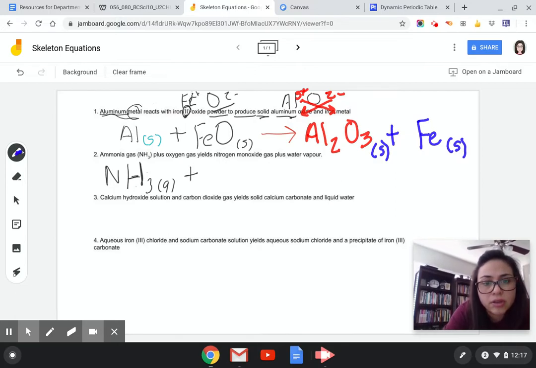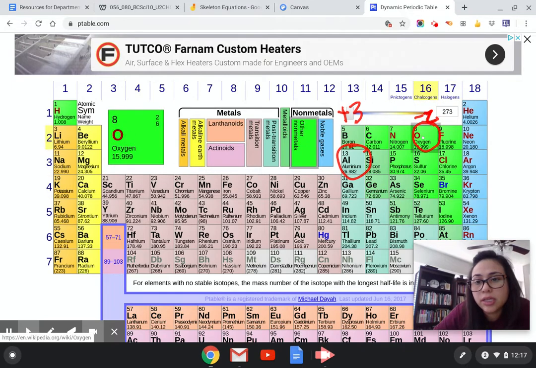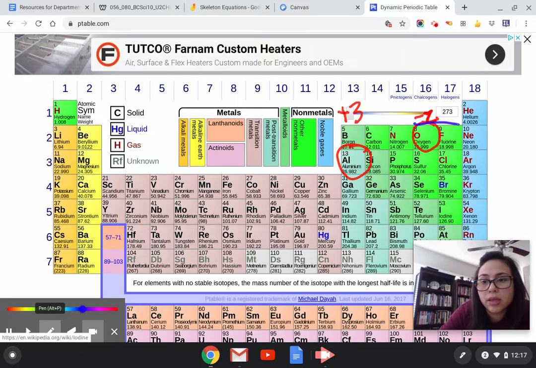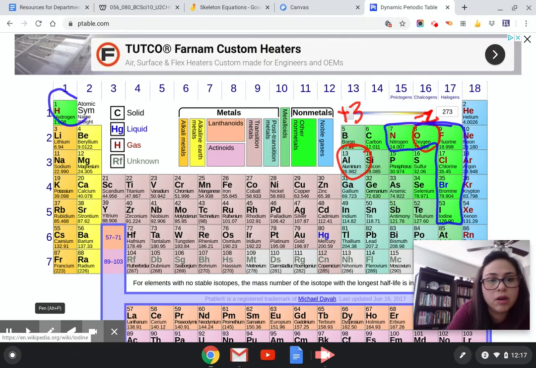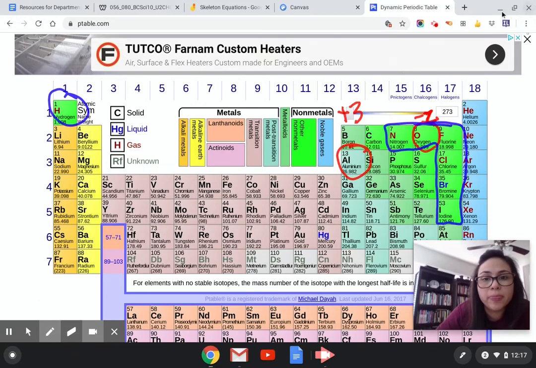Oxygen gas. Now notice again that it does say oxygen gas. So we know that oxygen gas is one of those 7 diatomic elements. So we want to include that subscript 2. So I'm just going to highlight these, box those, and then oxygen, hydrogen as well.